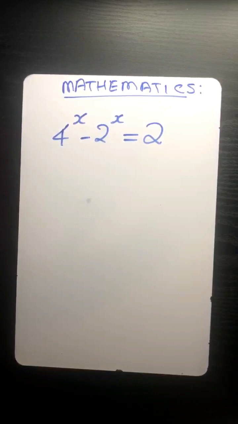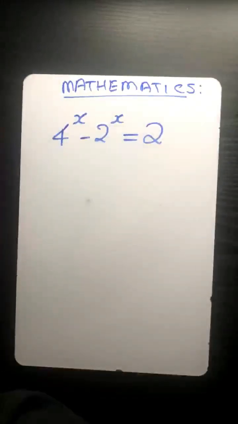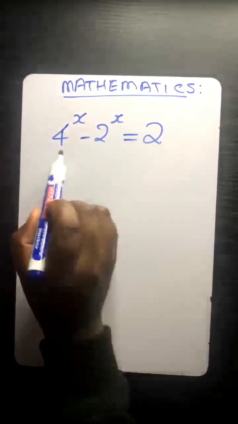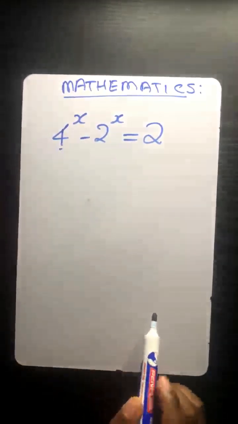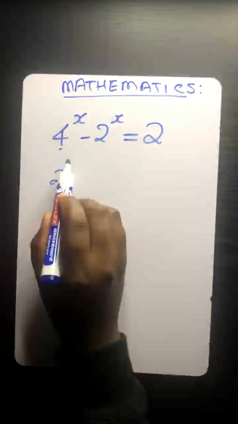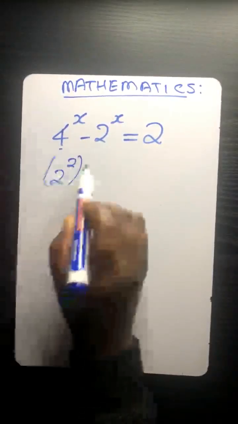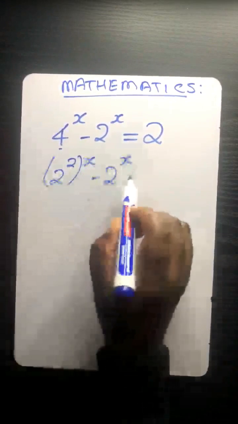So here, honorable members, you realize the letter is in the exponent position. So how about we try to rewrite that 4 as 2 to the exponent 2. Obviously, you have x on the outside, minus that and that.